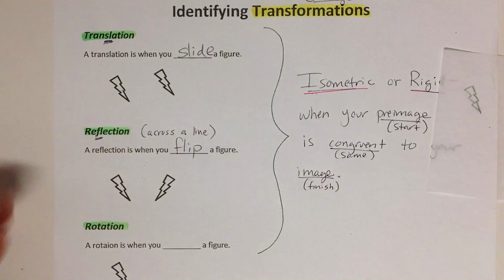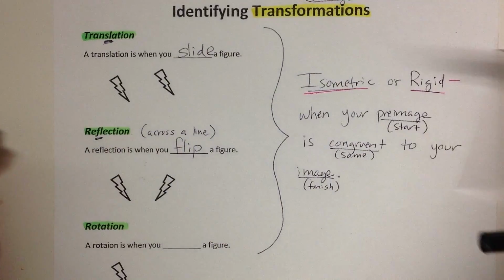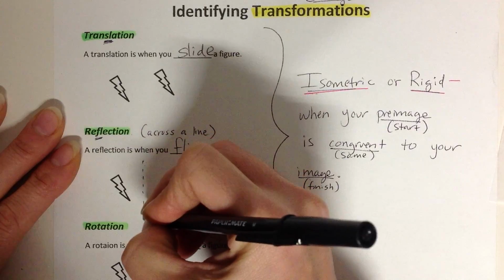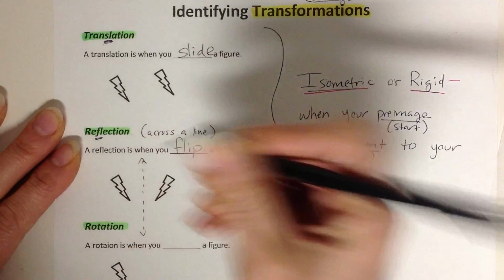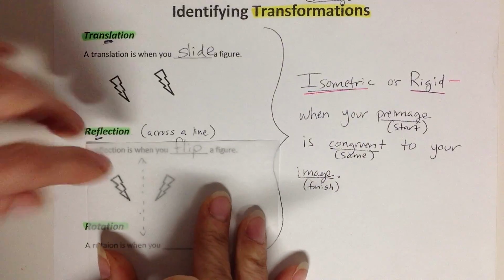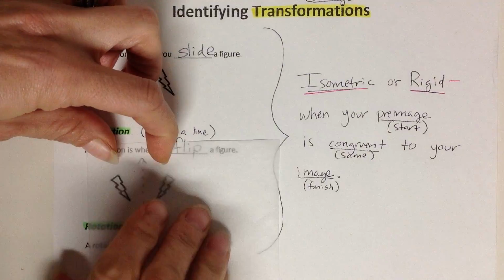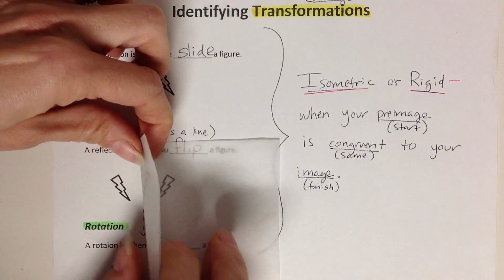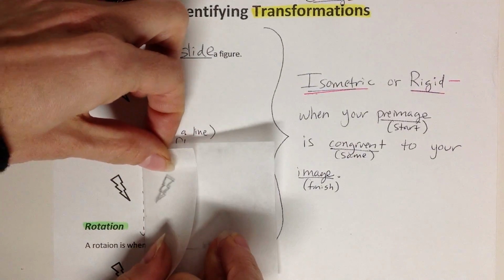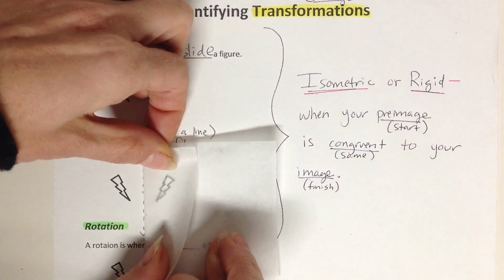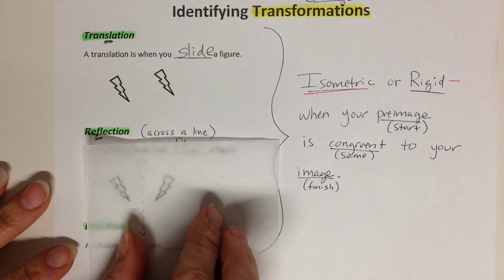Okay, sometimes they'll say over or across, and what that means, let me just kind of draw my approximation here of where the line would have been for this reflection. So if this was my pre-image and I wanted to fold it or reflect it over that line or across that line, I would either be given the equation or just drawn a line, and if I folded my paper to get to that, or I had to flip my paper over, then that was a reflection.